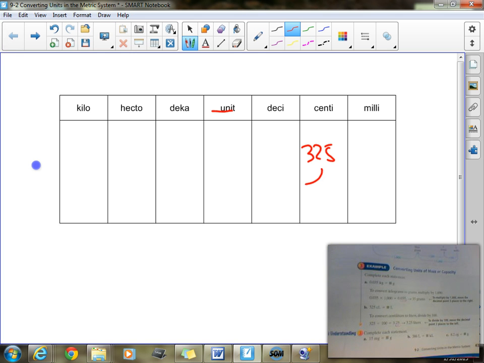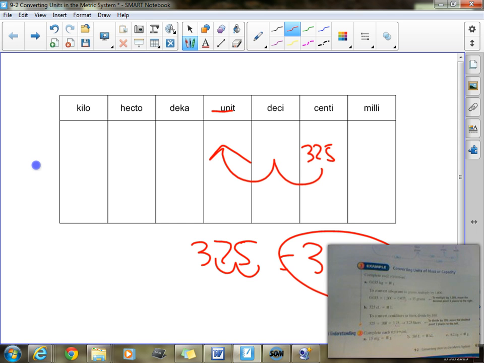To do that, I'm going to move my decimal 2 places to the left. So that's going to equal 3 and 25 hundredths liters. And that's the answer. So I can use this chart to go either way, back and forth.